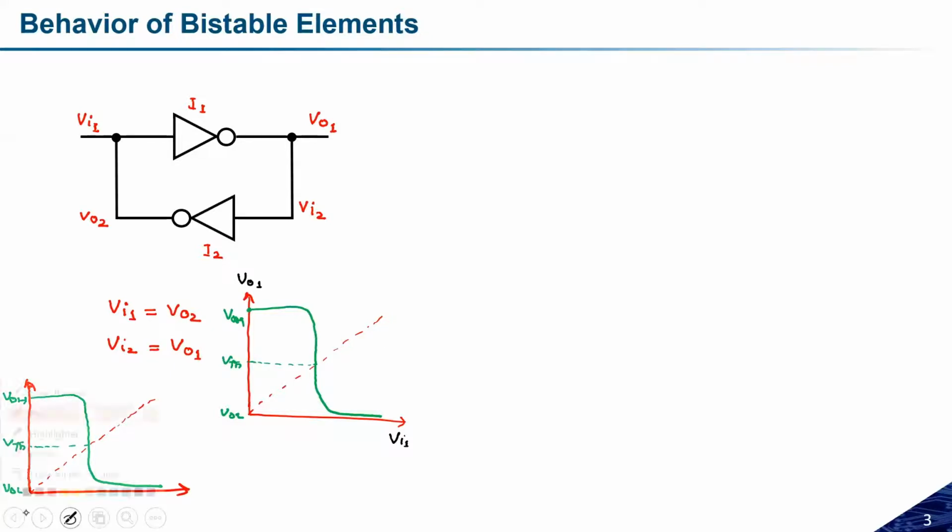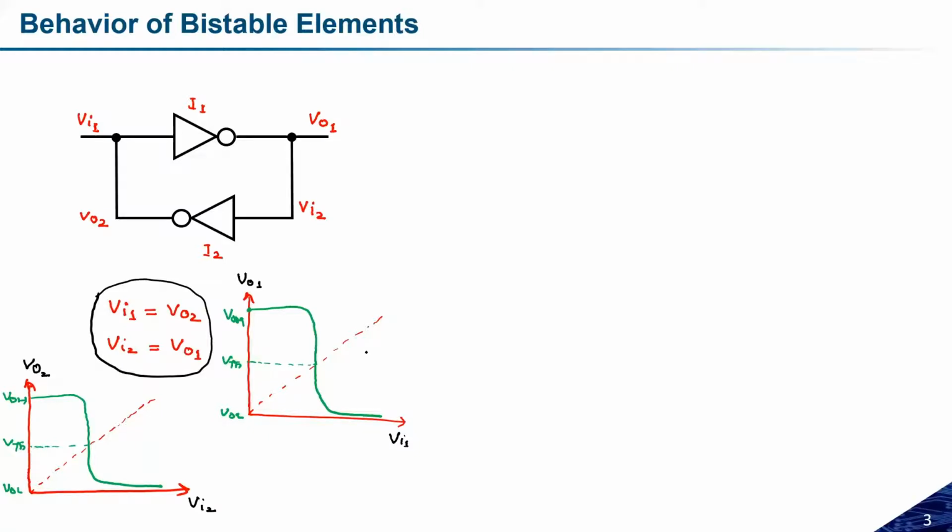Now if you see here, the input-output characteristics will be like this: this is the VI2 and this is the VO2. But here we have considered that Vi1 is the same as VO2.